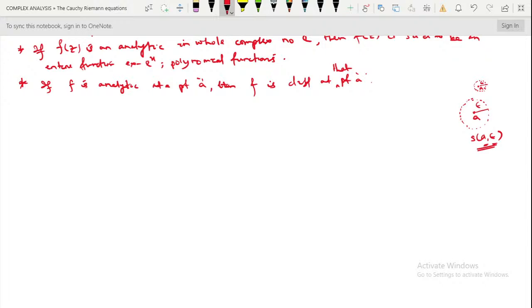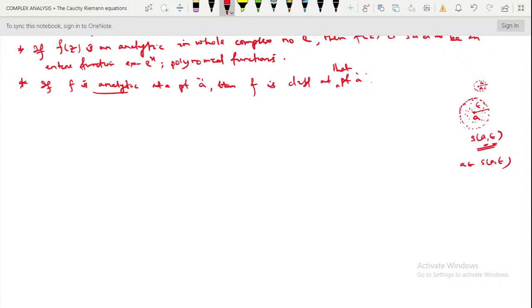So f is analytic at A means it is differentiable on this open disk. If something is differentiable on this open disk, A is inside it, so it is obviously differentiable at the center A, and the other points also lie inside this open disk.